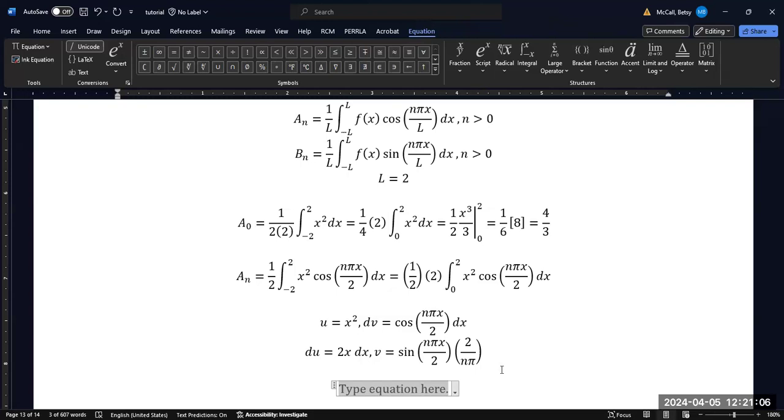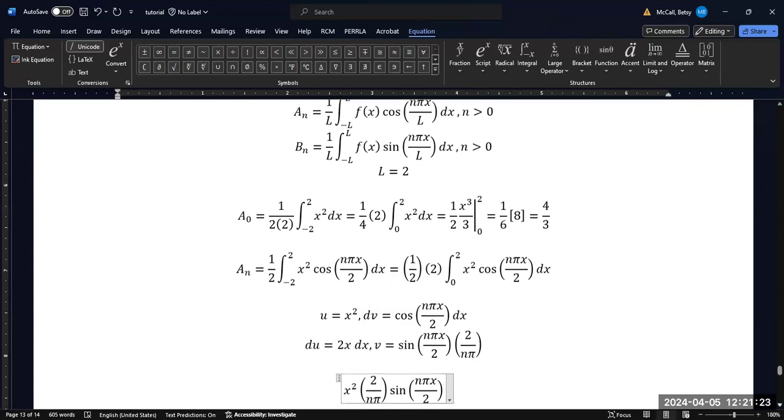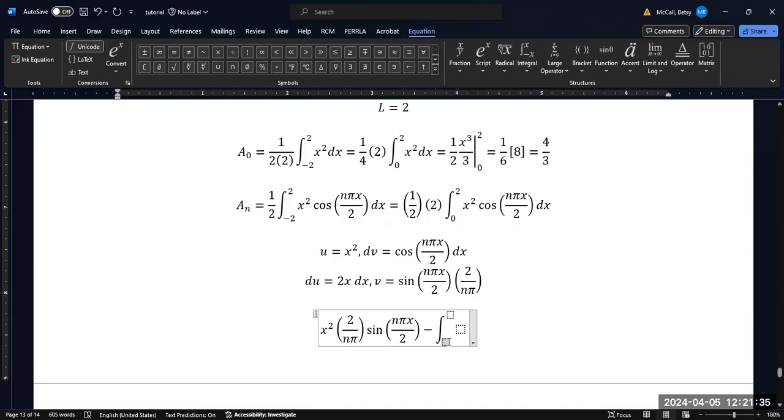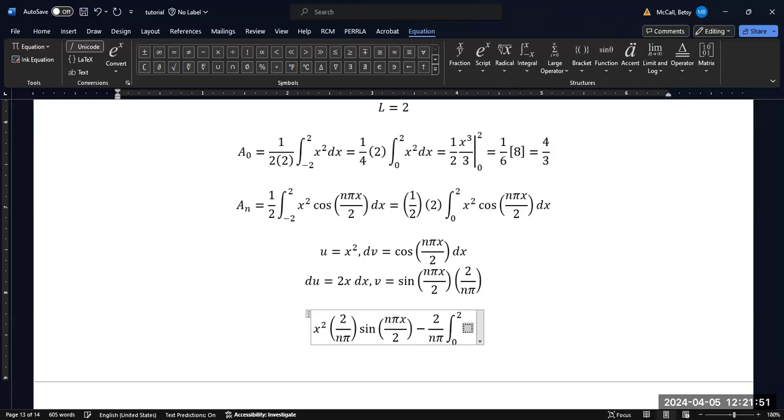And so I'm just going to end up with x squared times 2 over n pi sine n pi x over 2, uv, minus my integral of, I can bring my 2 over n pi out front, going from 0 to 2 of 2x sine n pi x over 2.